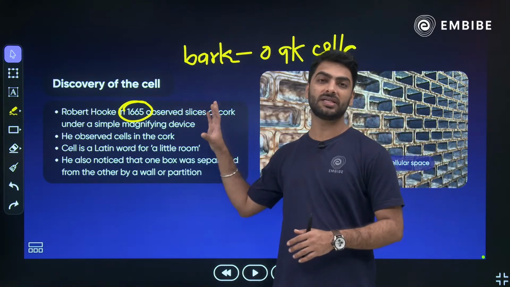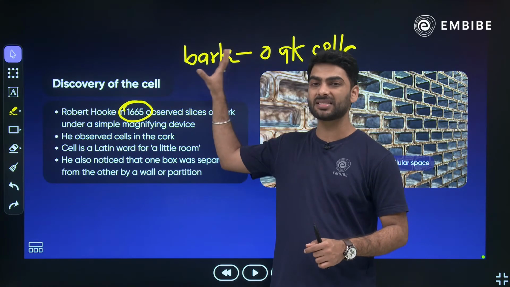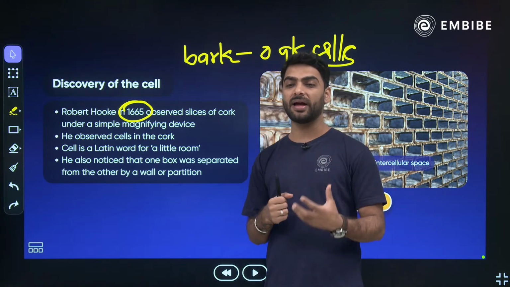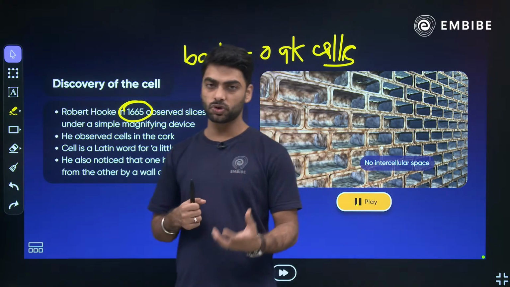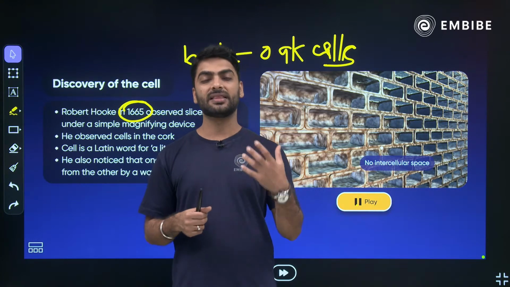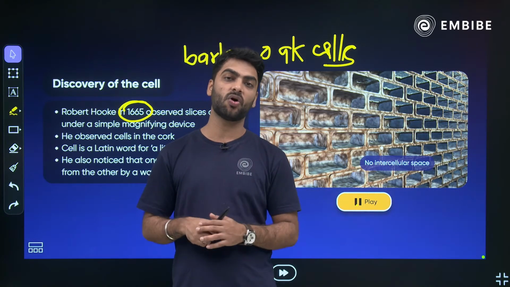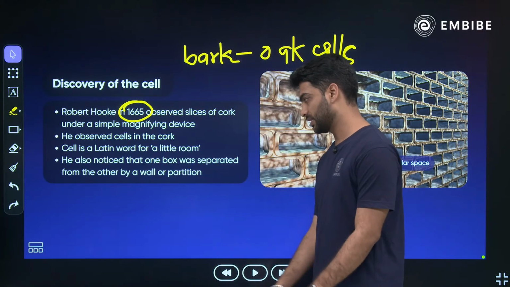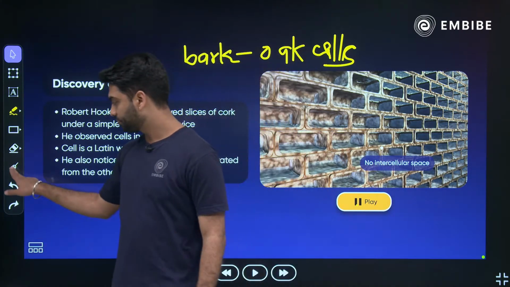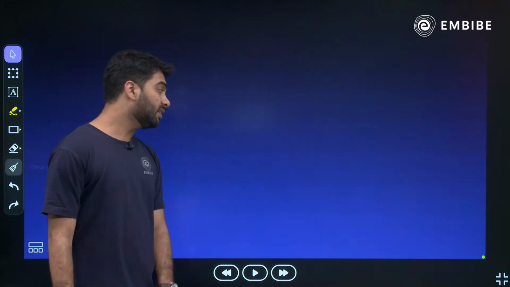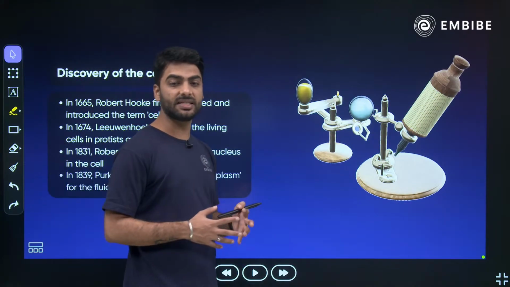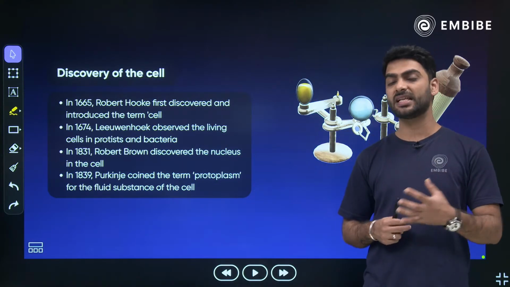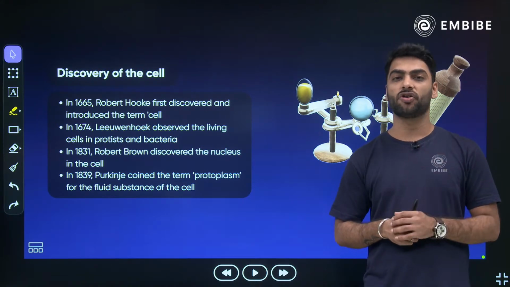So Robert Hooke saw the bark cells of an oak tree under his own self-made microscope. The cells reminded him of the rooms in which monks used to live in the 16th century, and that is how he called them cells, because the word cellula in Latin means small or tiny rooms. Okay? Then 9 years later, in the year 1674, Sir Antony van Leeuwenhoek saw living cells for the first time in a better version of a microscope.